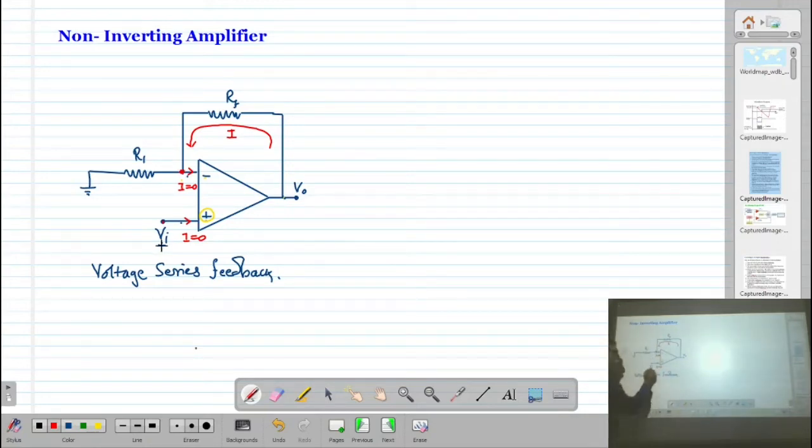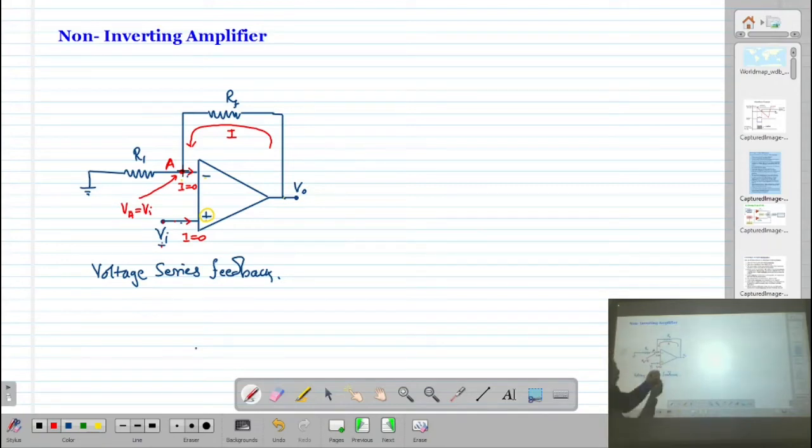So here VI potential is there. If we are talking about this point A, then the potential at point A will be equal to VI, because there is no flow of current between the two terminals. So whatever the potential is here, the same potential will be at point A.